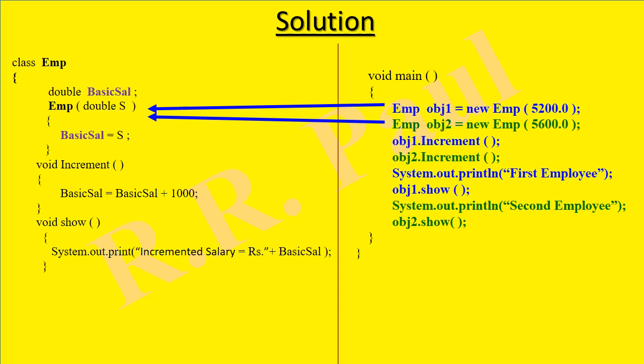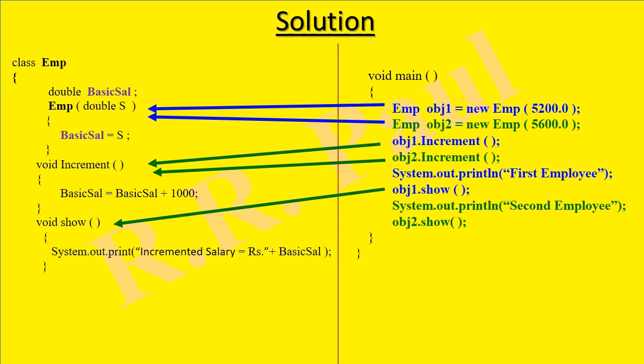So, when increment function is called through object 1, then 5200 plus 1000 will be done, and when obj2.increment statement will be executed, then 5600 plus 1000 will be done. That means we can handle different values for different objects through a parameterized constructor.